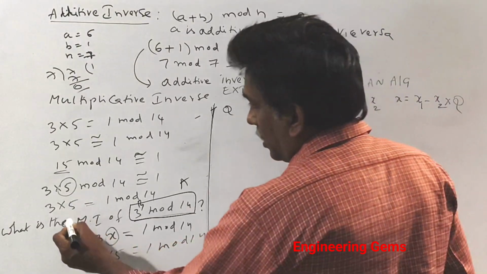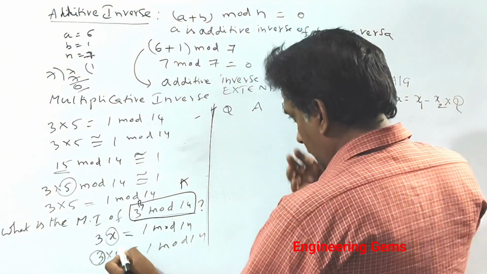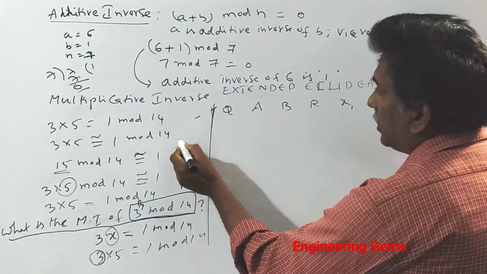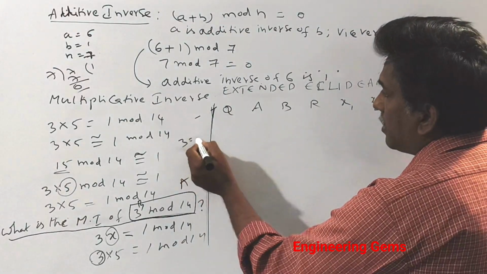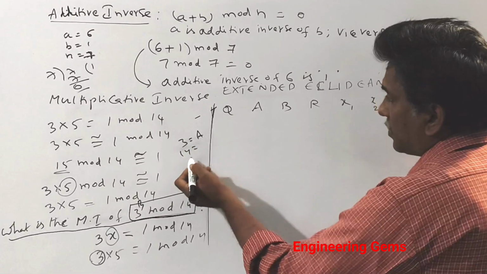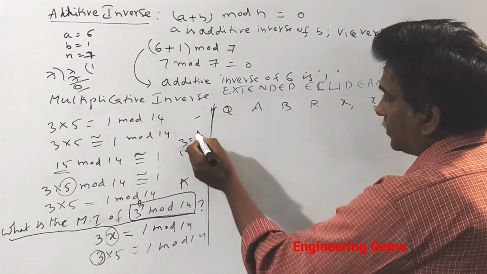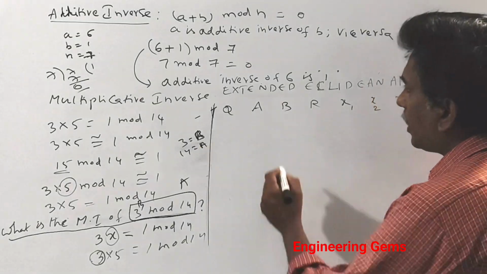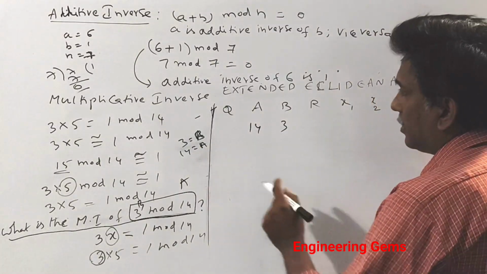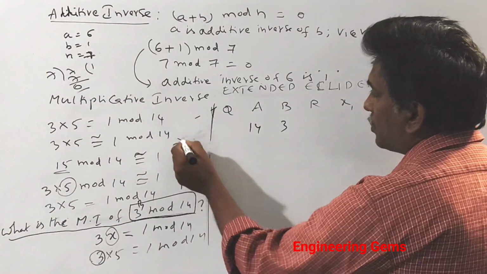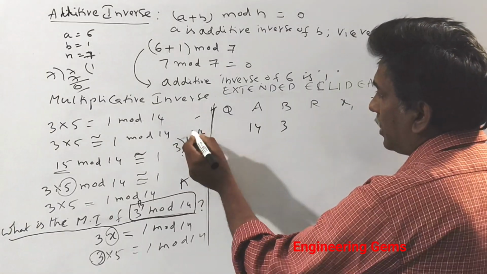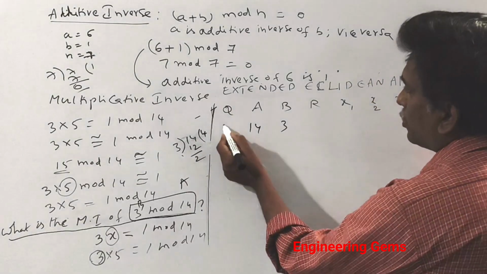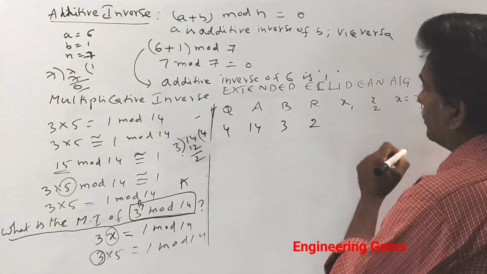So here, what is the multiplicative inverse of 3 mod 14? 3 is the small number, so I take it as b, and 14 is the big number, so I take it as a. Now a is 14 and b is 3. Dividing 14 by 3, 3 fours are 12, remainder is 2. So coefficient is 4, remainder is 2.